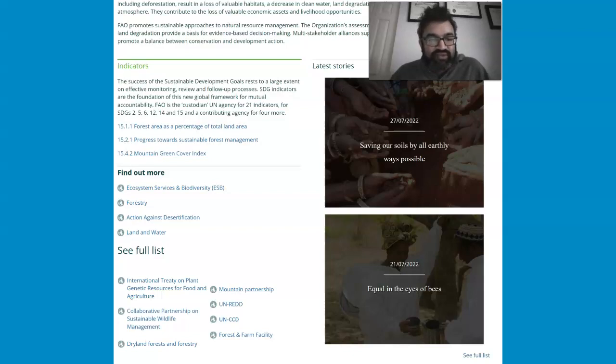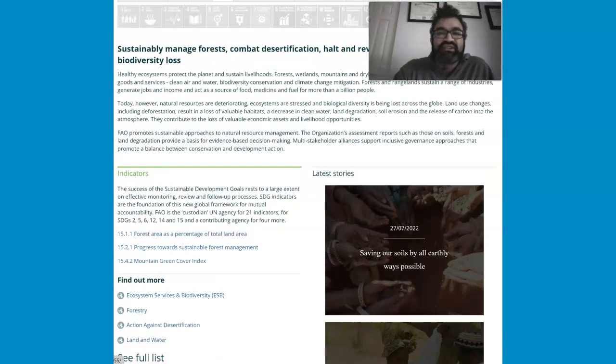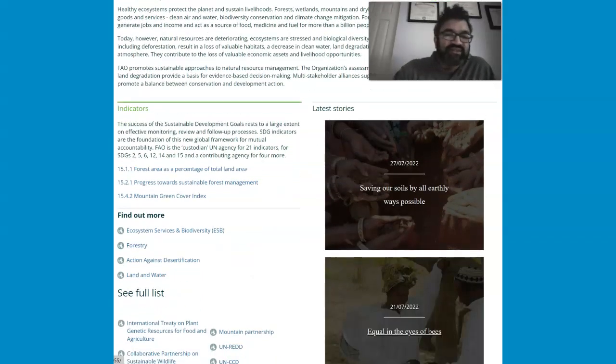We have to preserve and maintain biodiversity. And there are some of these stories, like Equal in the Eyes of Bees. Bee populations are decreasing in tremendous amounts. There's deforestation. There's a loss of valuable habitats and land degradation, soil erosion, and release of carbon into the atmosphere.